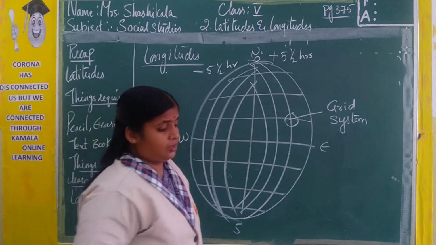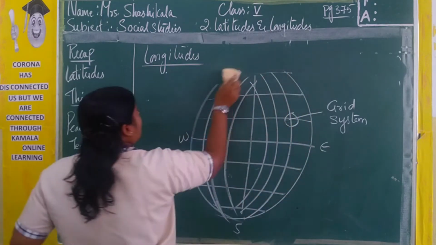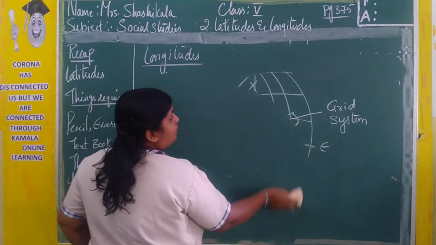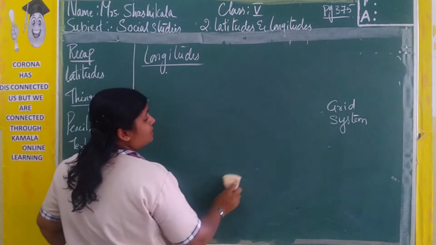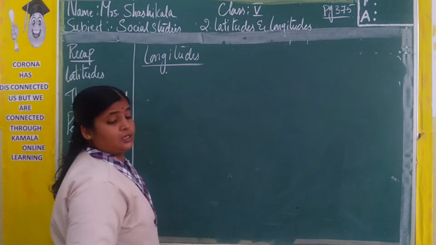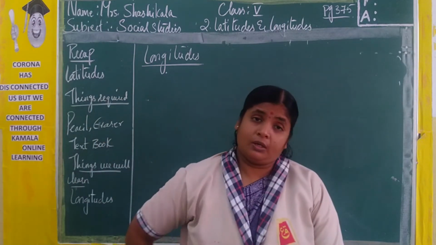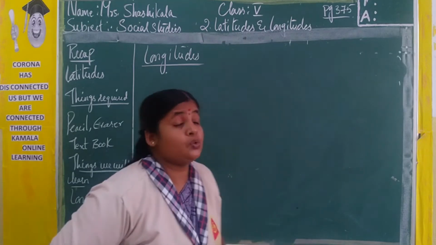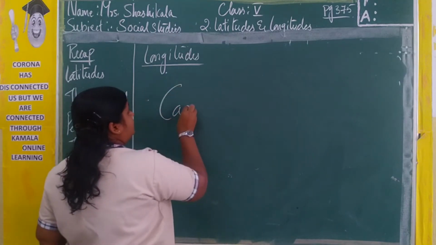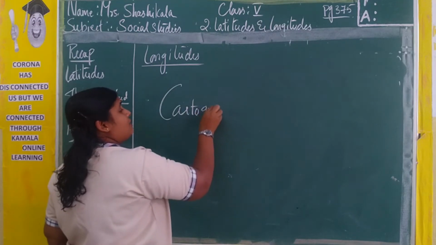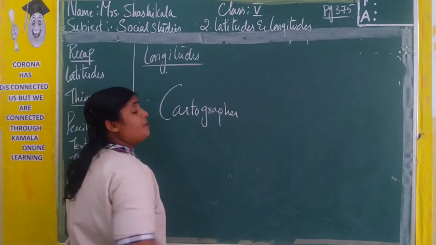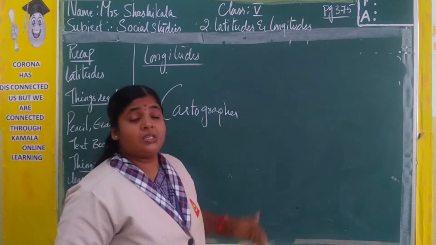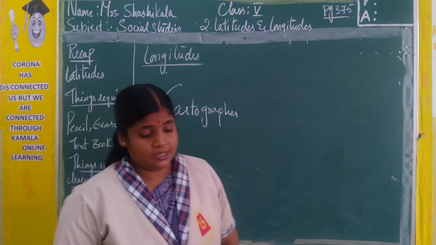Locating places is very easy when we have the exact latitudes, longitudes and degrees. All these things are very important to know about one particular place. If you want to be a map maker, the person who makes the map is known as a cartographer. Already in the last class we have discussed that the person who makes a map is known as a cartographer, and with the help of latitudes and longitudes they can make maps very easily.